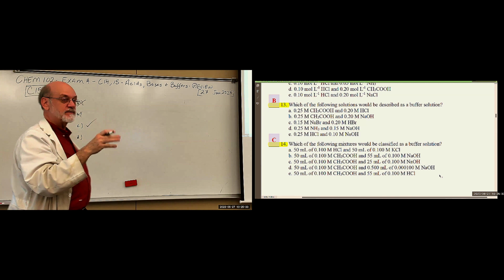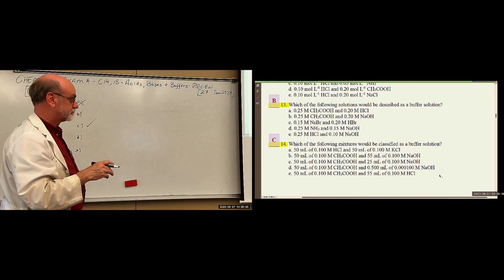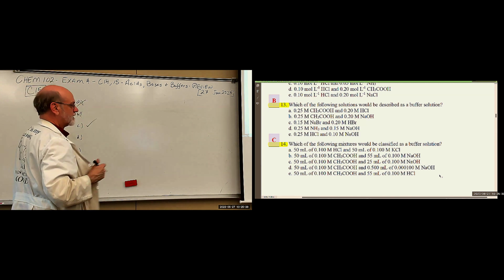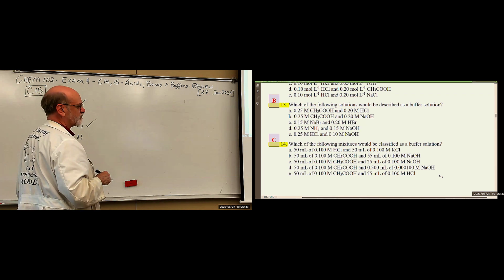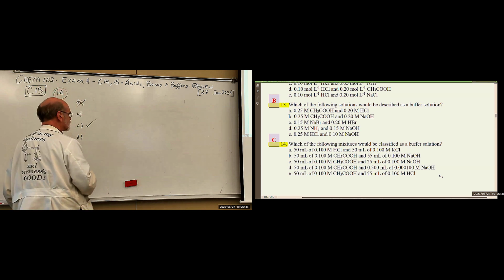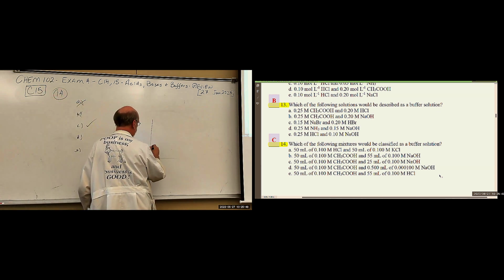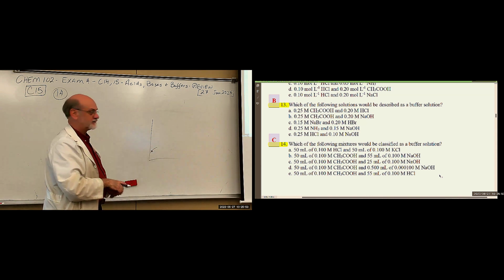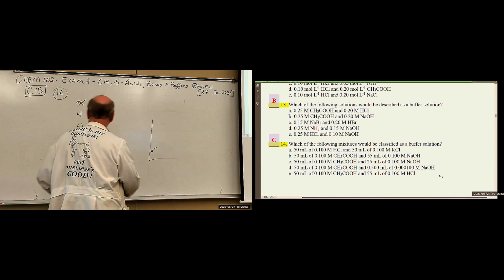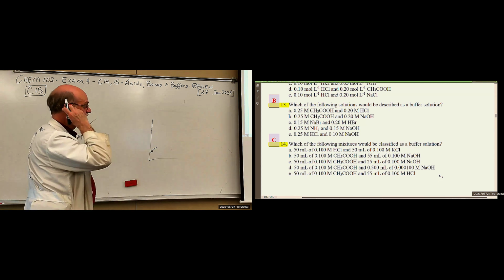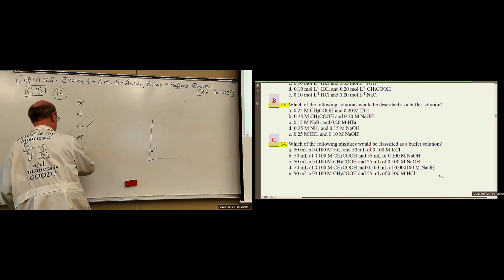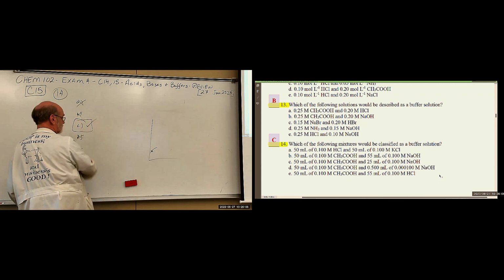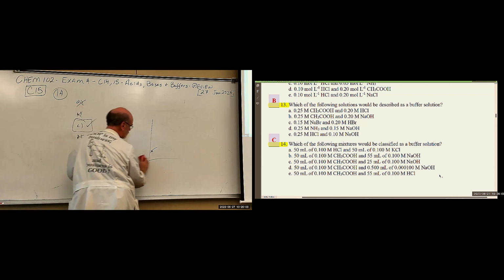That's right in the middle of the buffer region. 50 milliliters of acetic acid and 0.5 milliliters of base. You're still on that part of the curve that's down here like that. You're down here somewhere. Right? You're nowhere near the buffer zone. So D will not work. And E, if you add acid to acid, you're not going to get any buffer. So C is the best one. In fact, C is perfect. It's right in the middle.